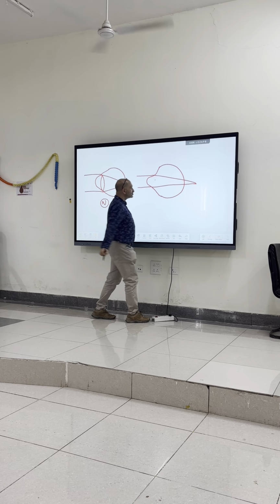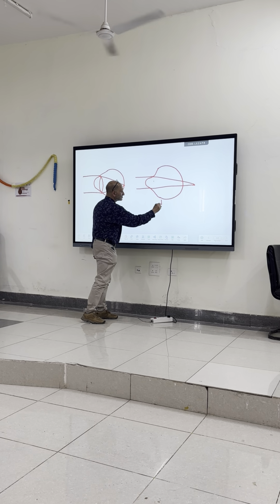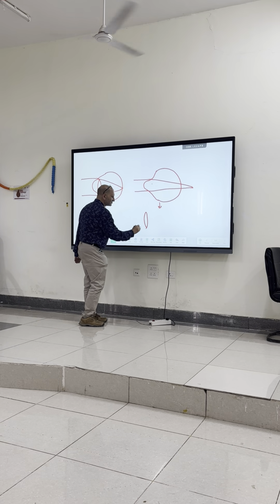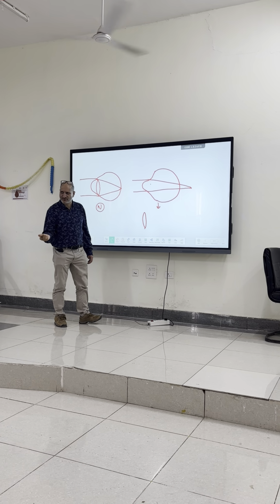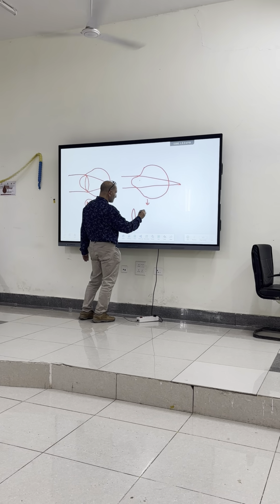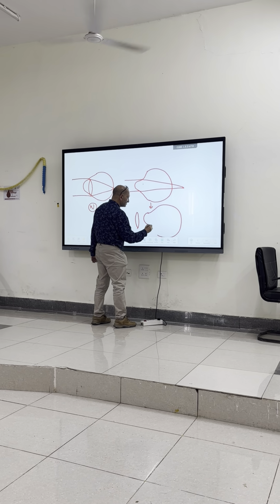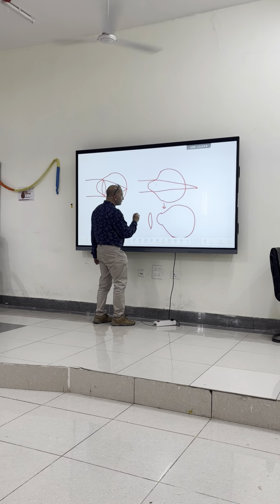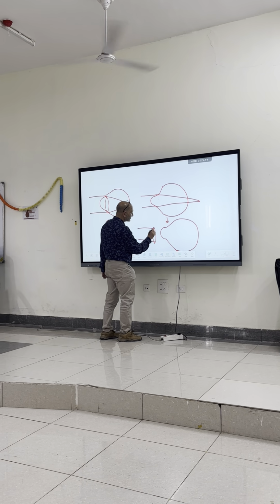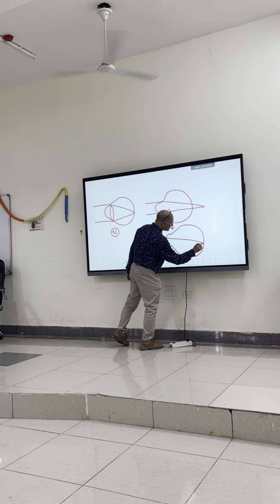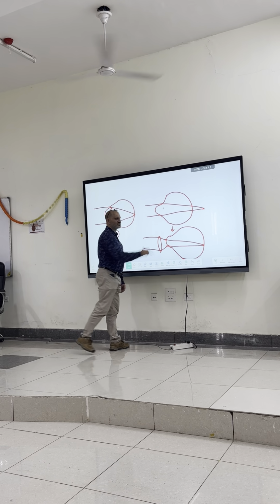In order to correct this, we put a strong lens in front of the cornea. It bends the rays first, then the cornea bends them again and brings them to focus on the retina.